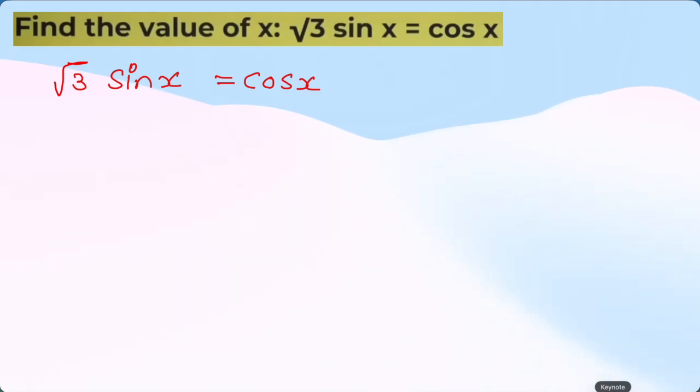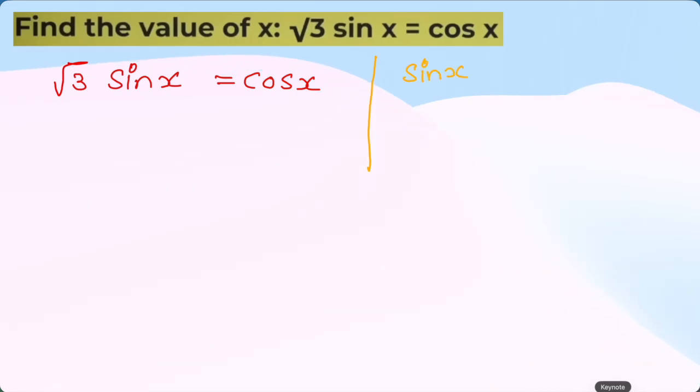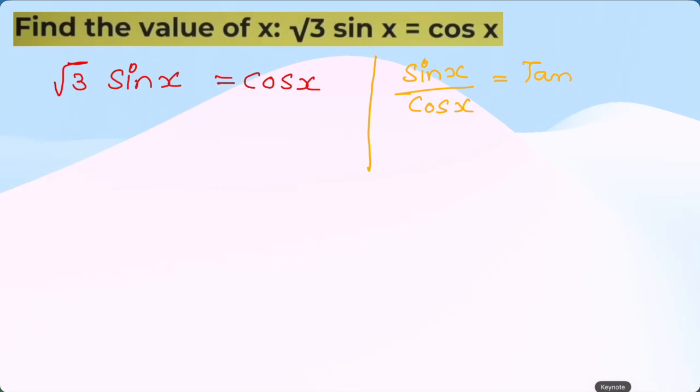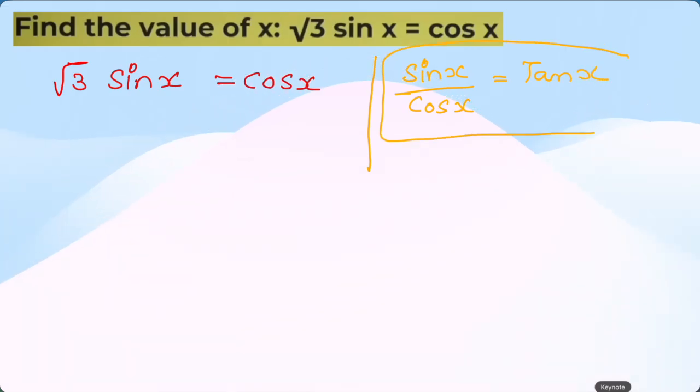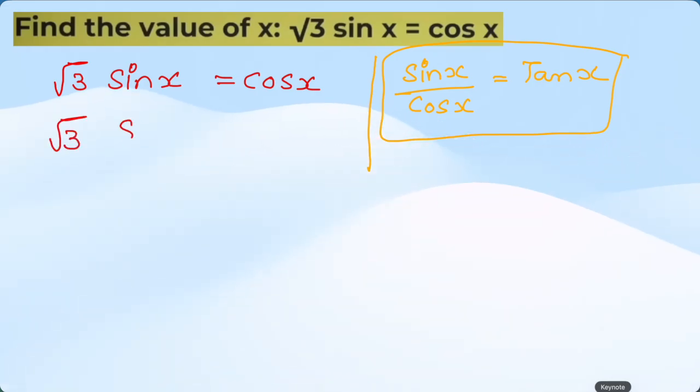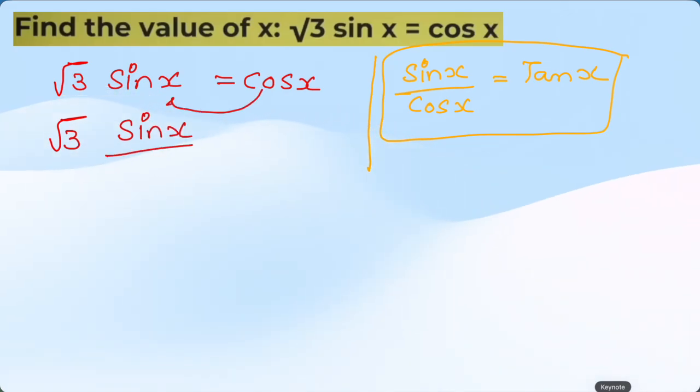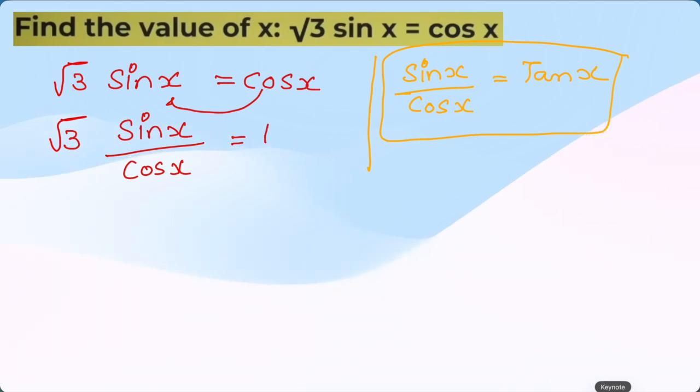In the identity we learned that sin x by cos x is tan x, right? Hope you remember this. So what I can write is I can shift this. Keep this root 3 here. So sin x by cos x. If I shift it to this side, it will come to the denominator and only 1 will be left here. Is this clear?